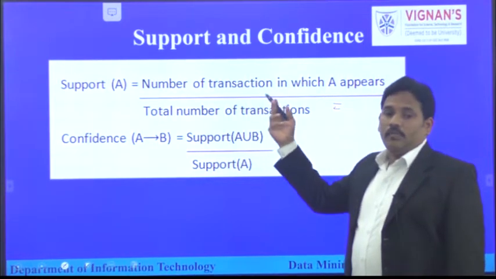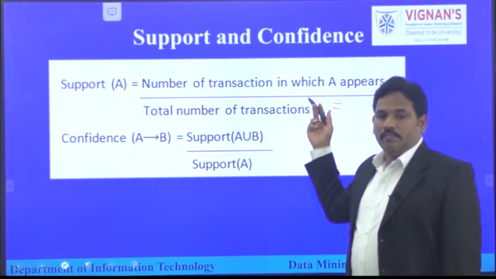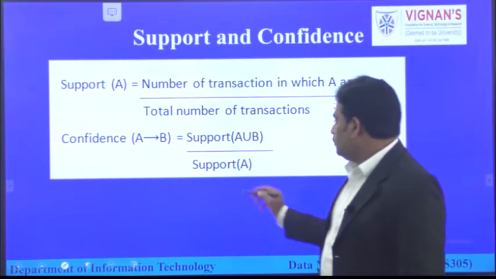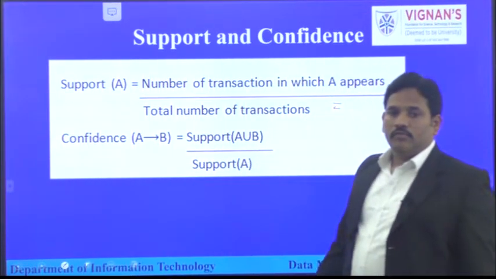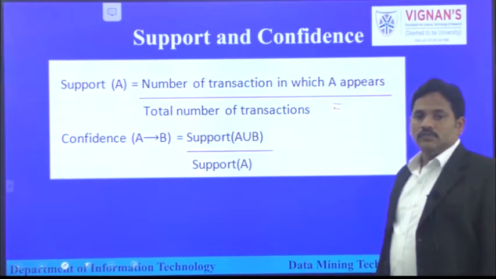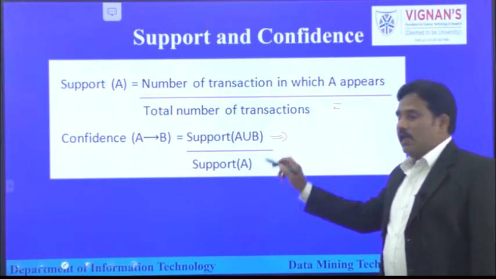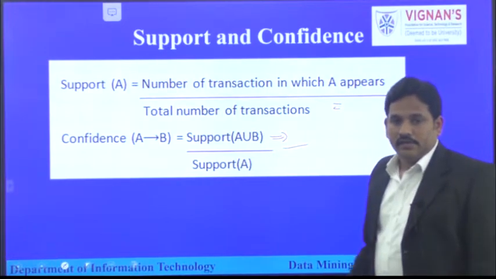Let us assume support of I1, I2: the number of transactions where I1, I2 appeared divided by the total number of transactions. When it comes to confidence, it is support of A union B divided by support of A. That means the number of transactions that contain A union B divided by the number of transactions that contain only A.